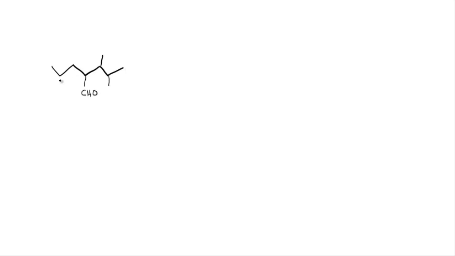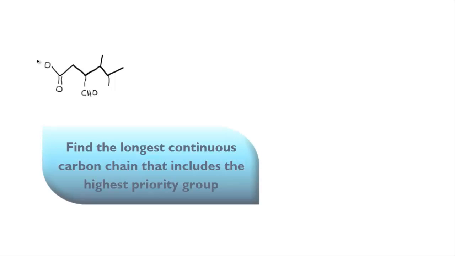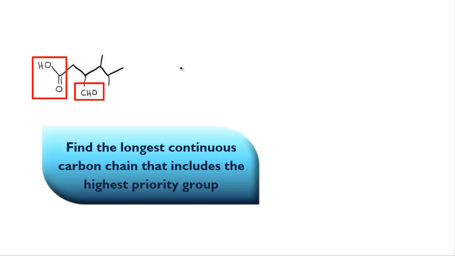Looking at our molecule here, we need to find the longest continuous carbon chain that includes the highest priority group. In this structure, our functional groups are an aldehyde and a carboxylic acid. The highest priority group is the acid. The longest chain ends up being 6 carbons long, highlighted here in yellow.